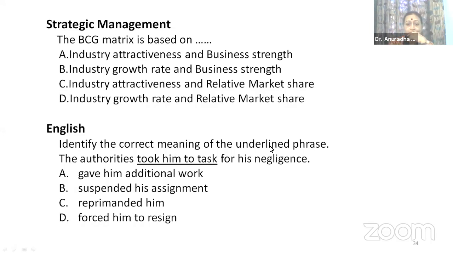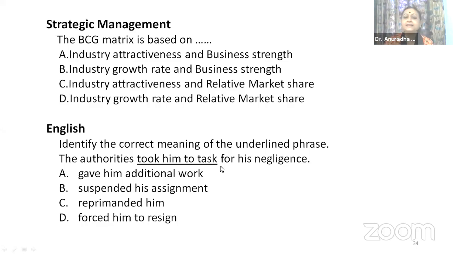Look at this question in English. Identify the correct meaning of the underlined phrase: the authorities took him to task for his negligence. The underlined phrase is 'took him to task'. Now, you want him to understand the meaning of the phrase.